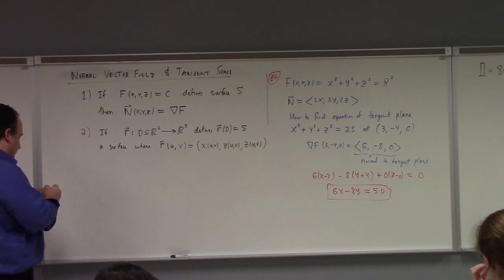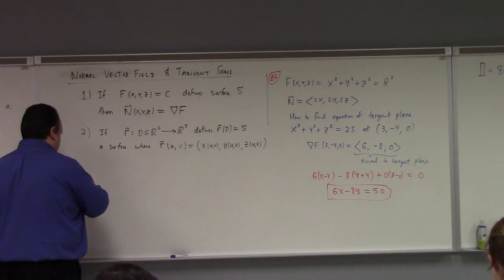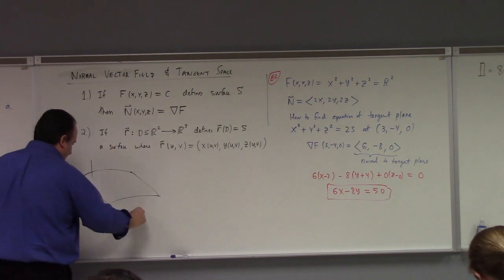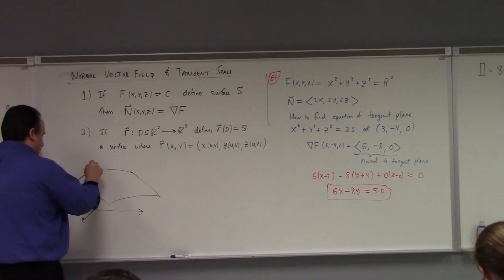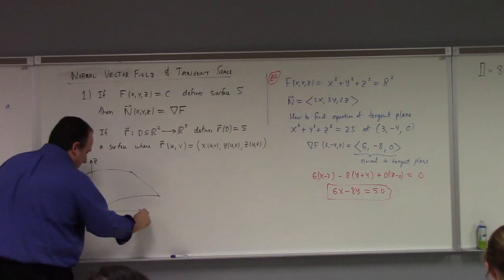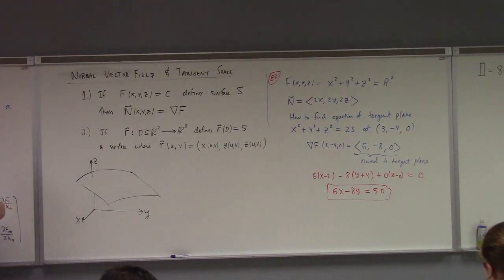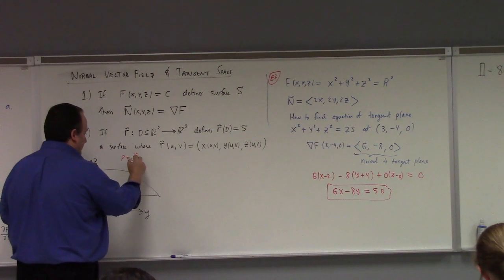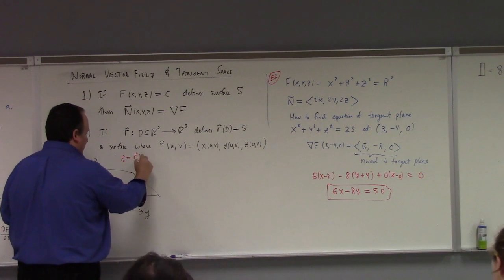If I picture the surface, what happens if we freeze out... let P equal to a point; I usually have P naught be R of U naught, V naught.